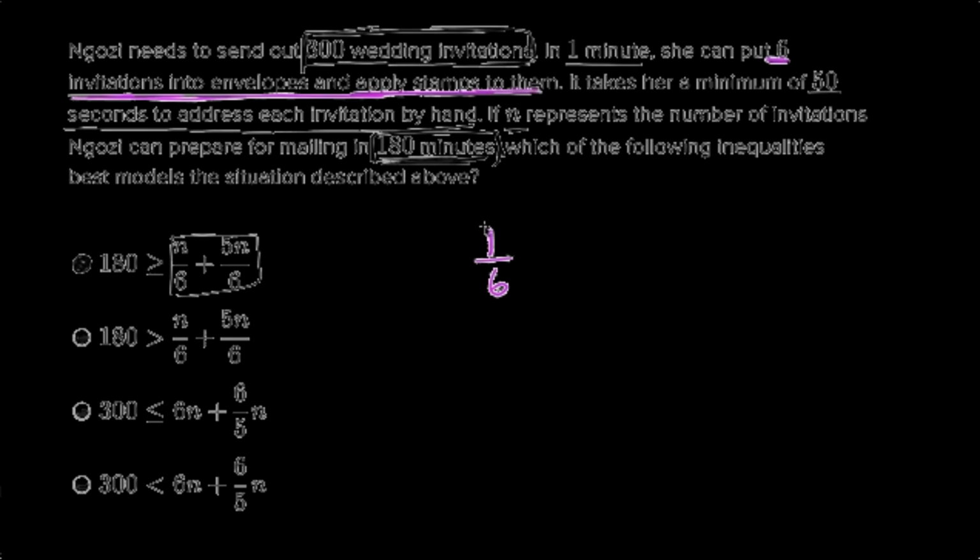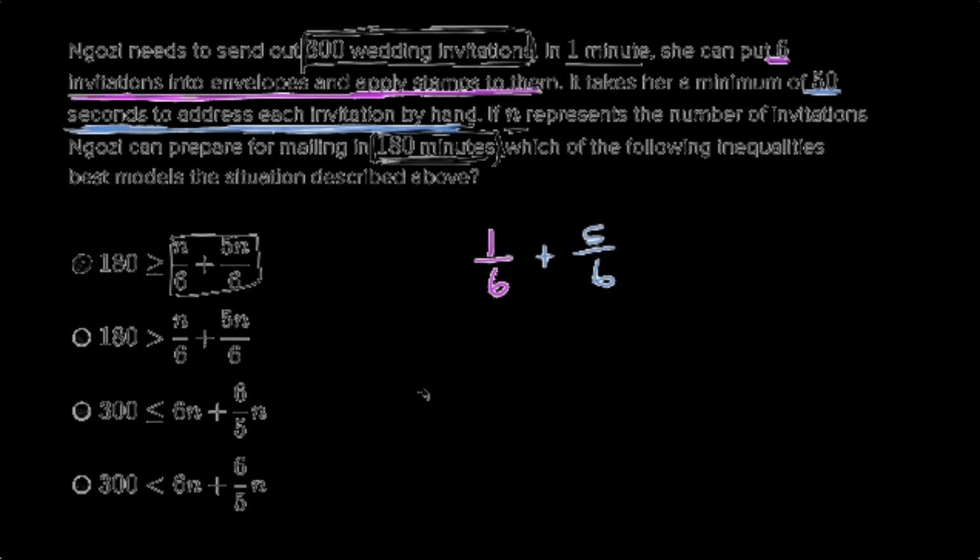And then how much time will she spend writing the address? Well, she's going to spend 50 seconds for any one invitation. In terms of minutes, that's 50 out of 60 seconds in a minute, so we could write this plus 5/6 of a minute.